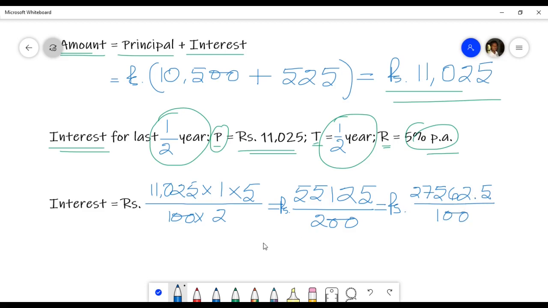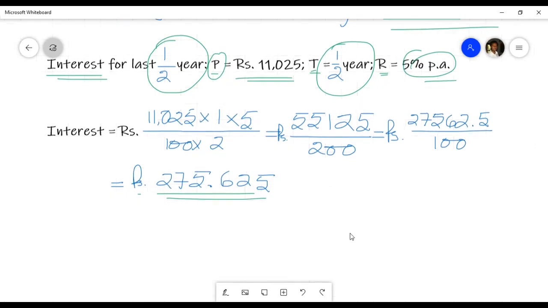27,562.5 divided by 100. Okay, so we have still got it as a fraction, but we do not keep the interest as a fraction. We will divide it by 100, and so the answer that you will be getting is rupees 275.625.